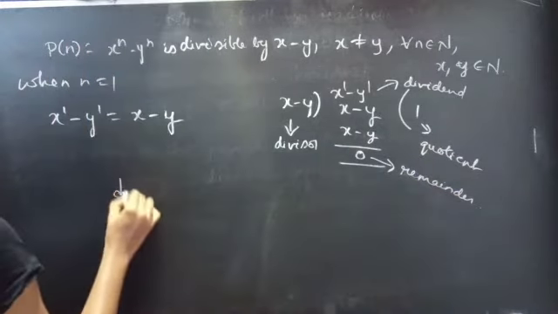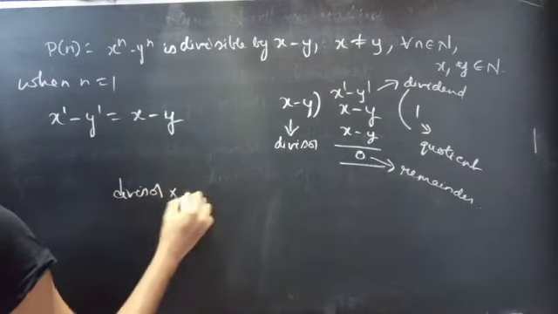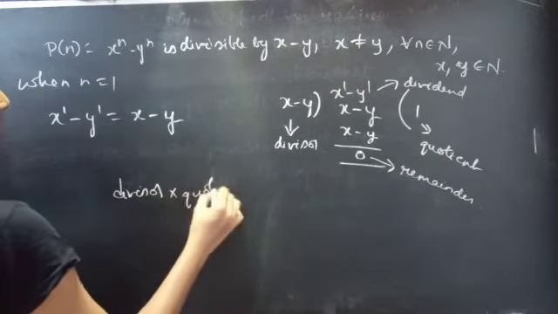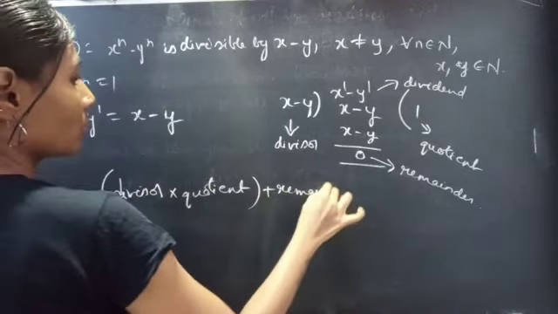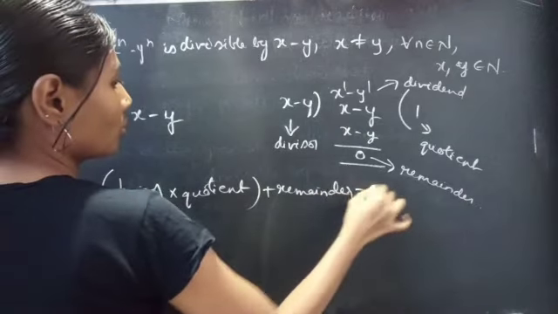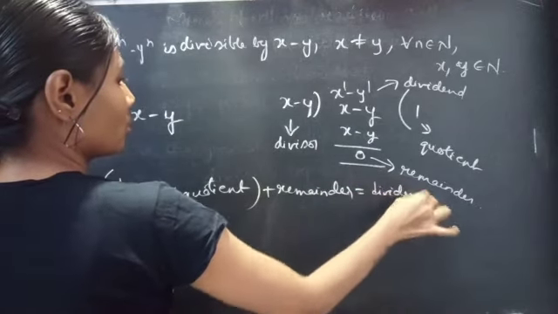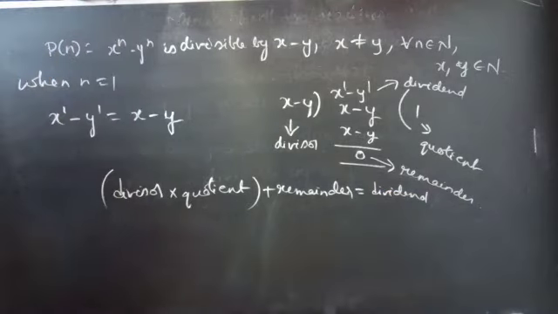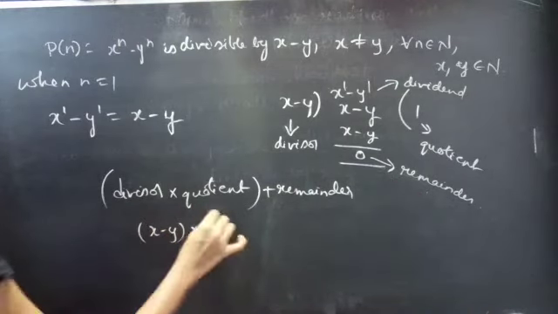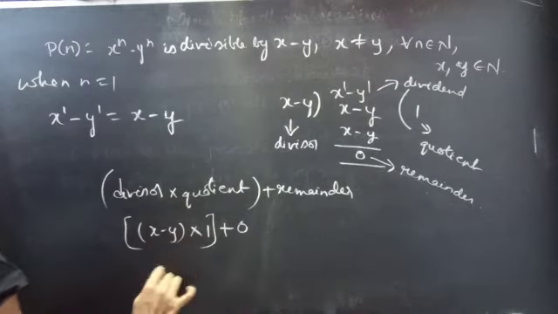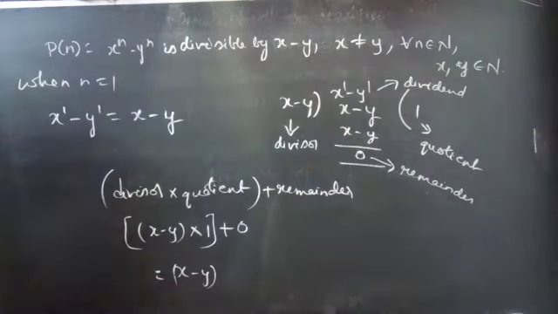So here we have to get divisor into quotient plus remainder equals to dividend. So let's see what we'll get from this. Divisor into quotient, 1, plus 0 equals to x minus y, right, which is the dividend.